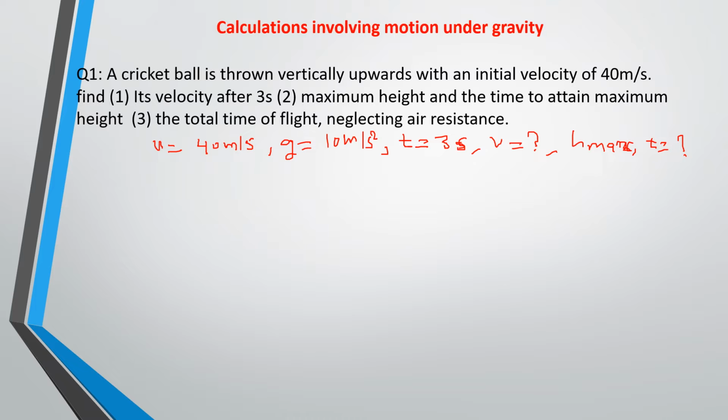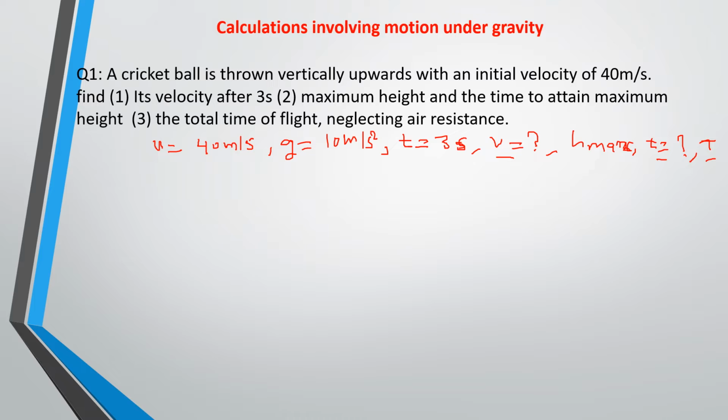And then the total time is capital T, the total time of flight. So these are what you are going to be looking for: velocity after 3 seconds, maximum height, time to attain maximum height, and then total time of flight, neglecting air resistance.